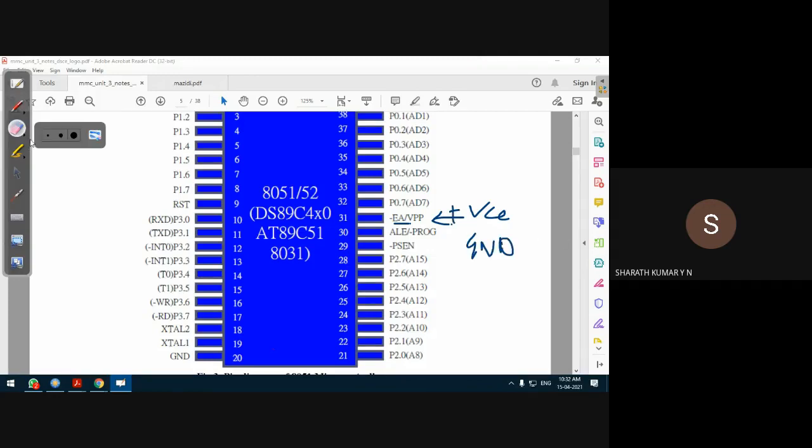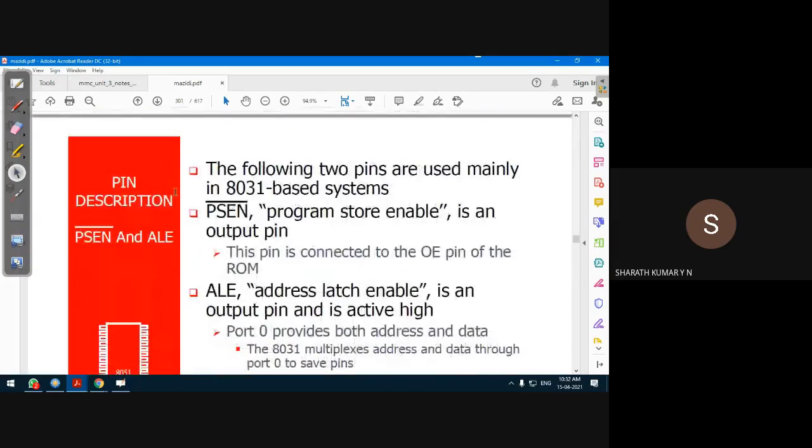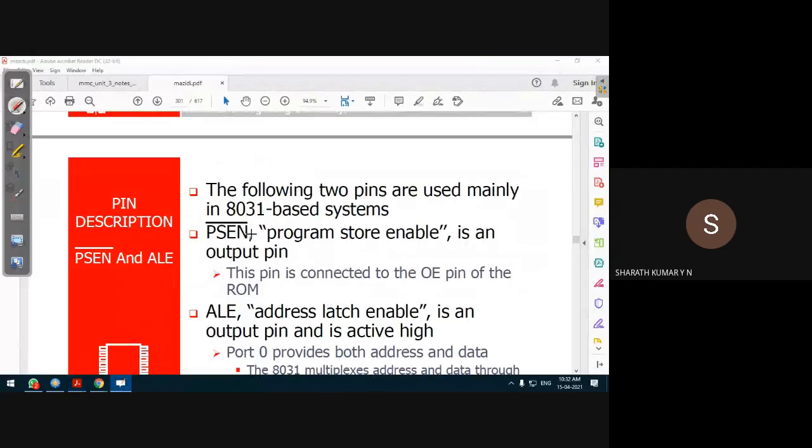Next we have what is known as ALE, that is address latch enable. I'll refer to this document. It is also called program store enable or address latch enable.